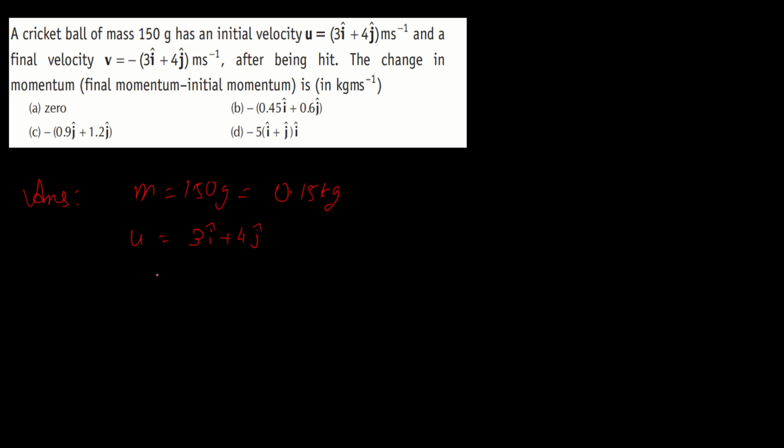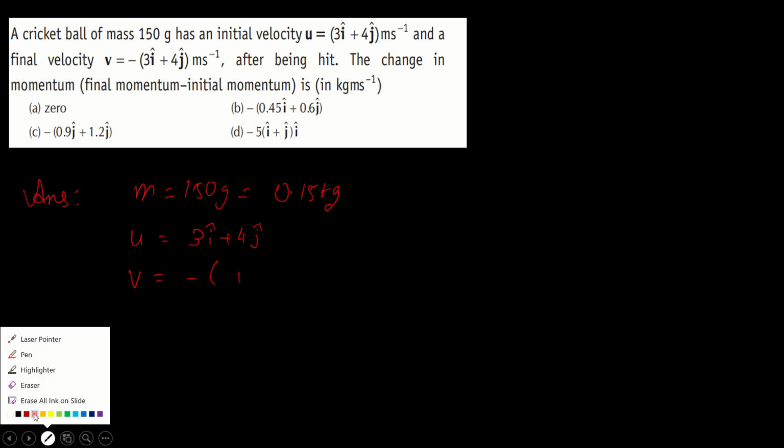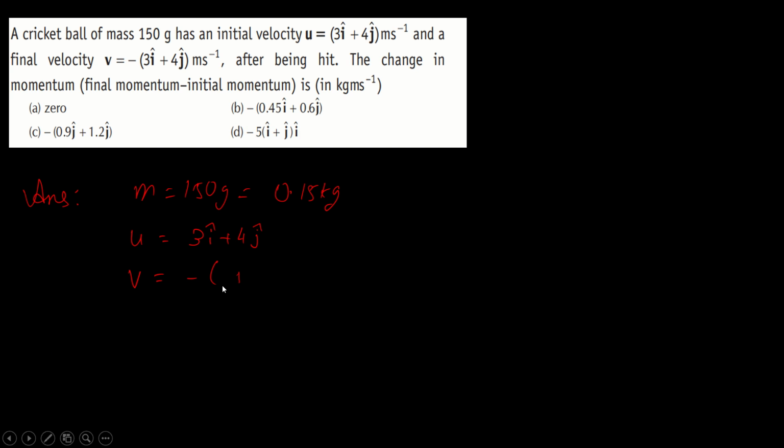Final velocity v is equal to minus 3i cap plus 4j cap. We have to find the change in momentum, that is, final momentum minus initial momentum. That is delta P.